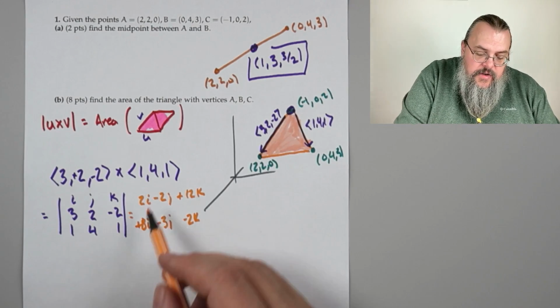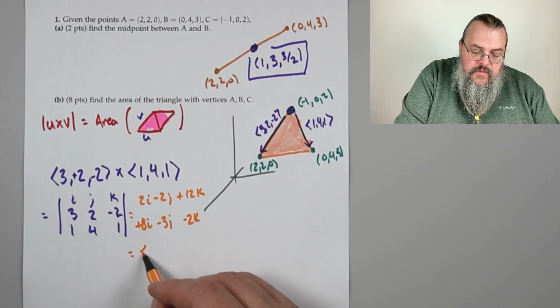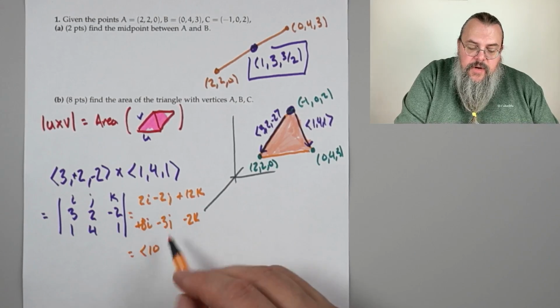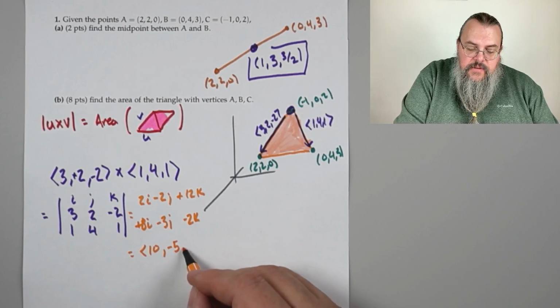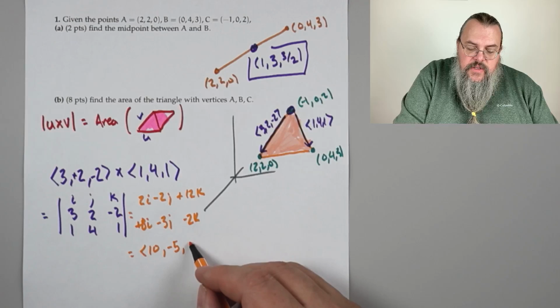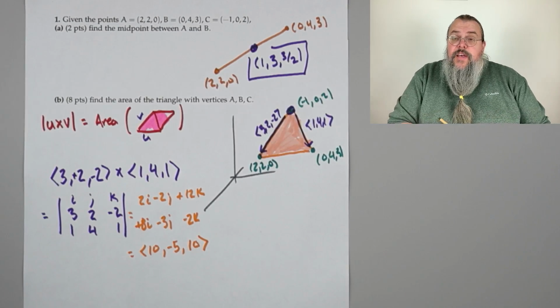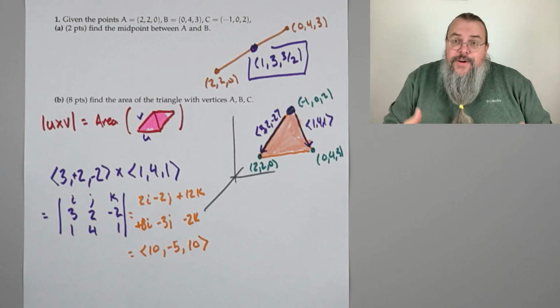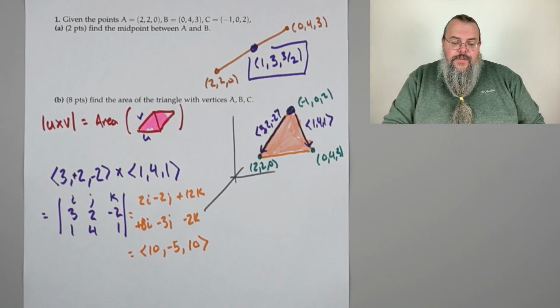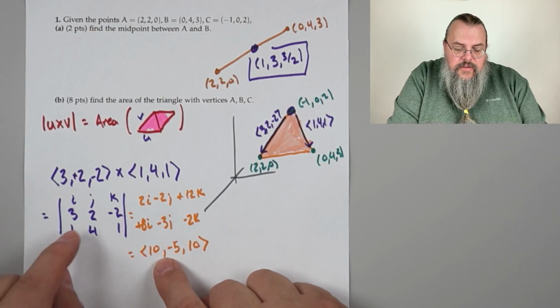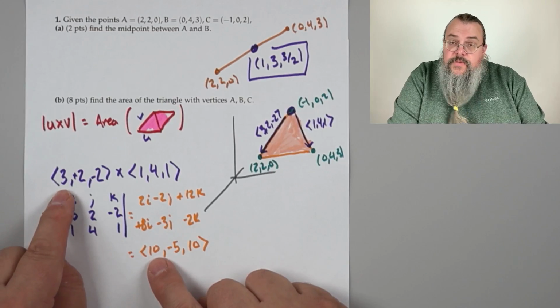So altogether, well, 2 and 8 makes 10. -2 and -3, -5. And 12 minus 2 is 10. So 10, -5, 10. Now what if you're paranoid? Well, you can always do a quick check and do the dot products with the originals.